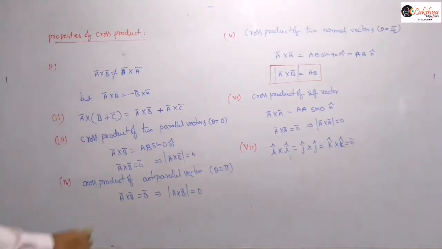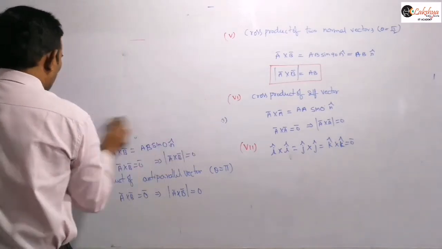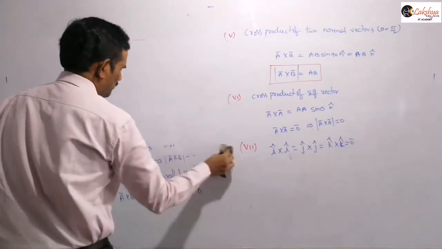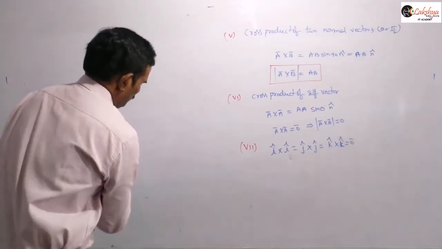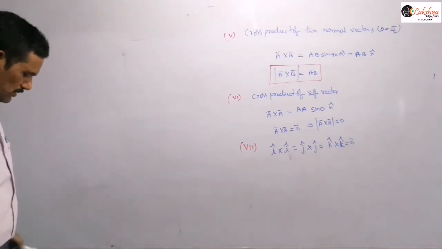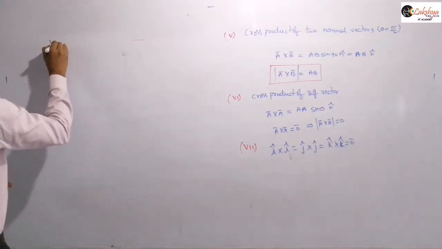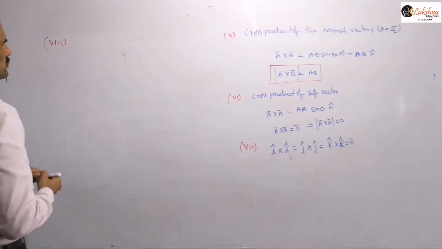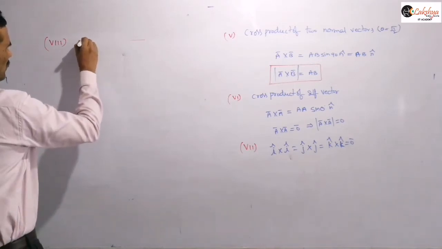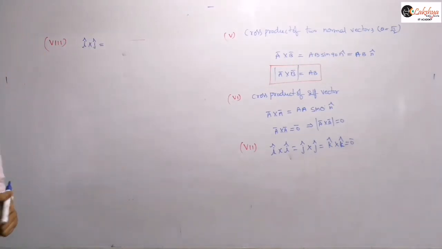Next, similarly, let us write the cross product of the different unit vectors with the normal vector, like i cap and j cap, or j cap and k cap. Now I am finding the cross product of these other vectors. So i cap cross j cap, for example.